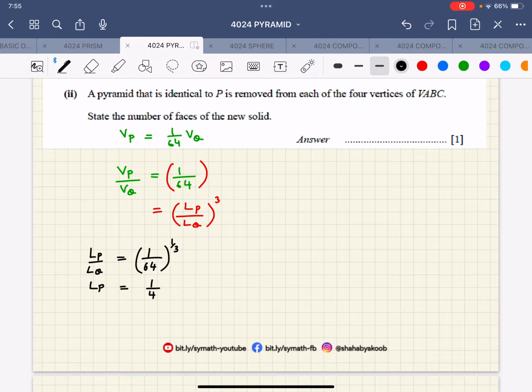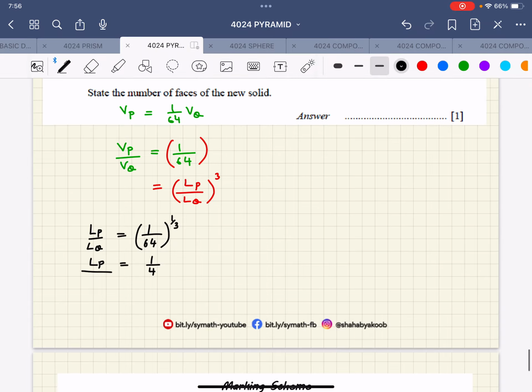LP is the unknown one and Q is 8. So therefore LP is 1/4 of 8, which comes out to be 2 centimeters.